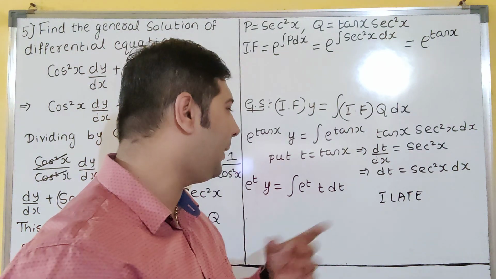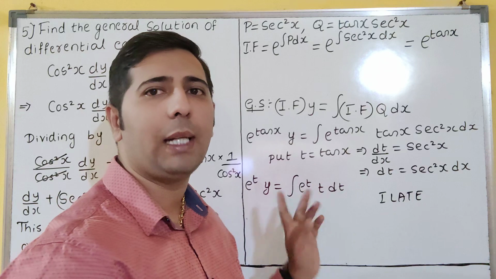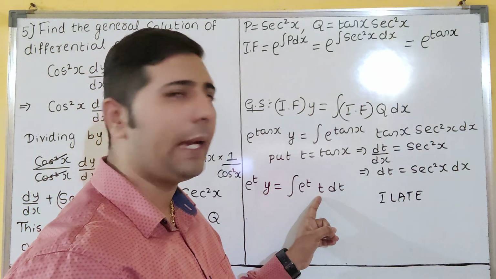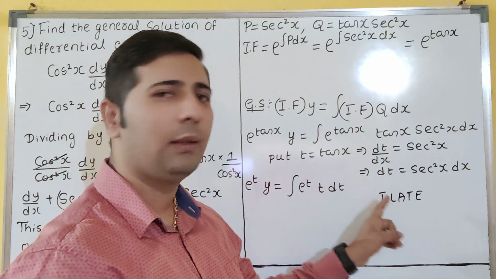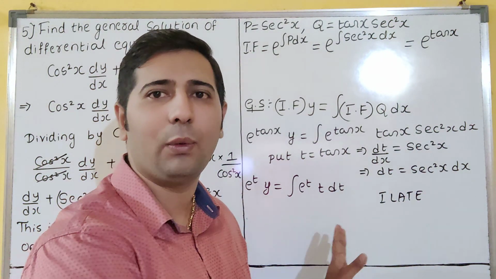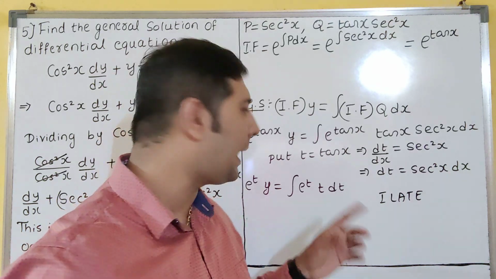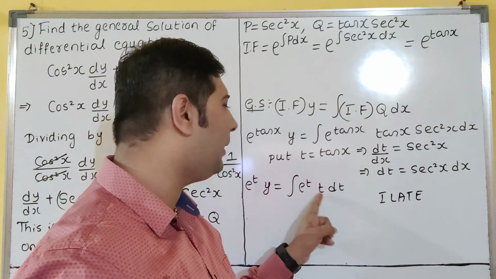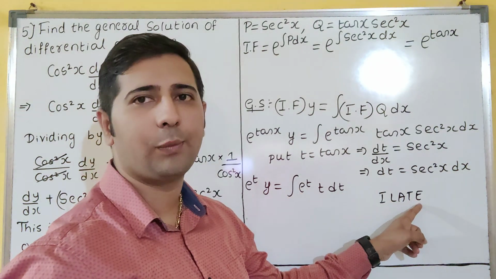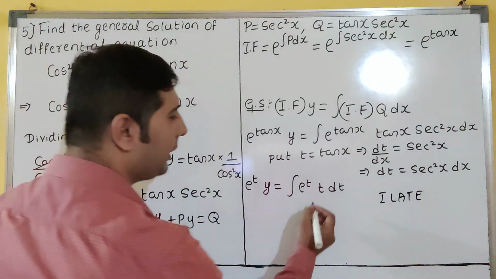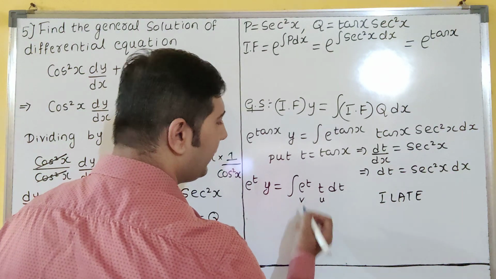In our mind it should be x only, but while writing, write t. Understood? So x means what? x is nothing but algebra. So t is only x we will consider. We will write t only here, but we will imagine it as x only. So t is algebra and e raised to t is exponent. Which will come first? Algebra will come first. So that's why we will say this as u and this as v.